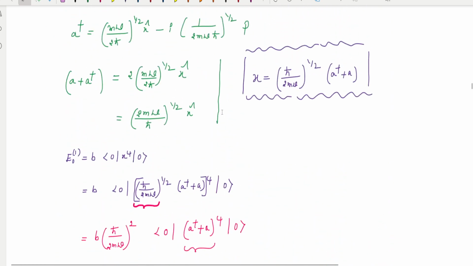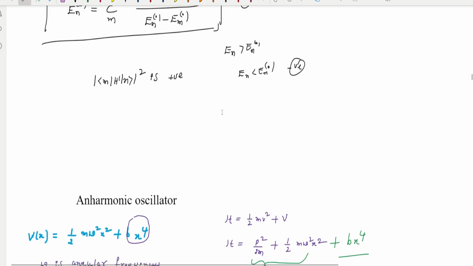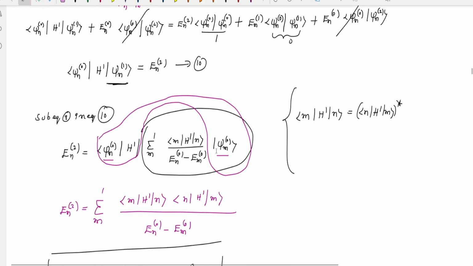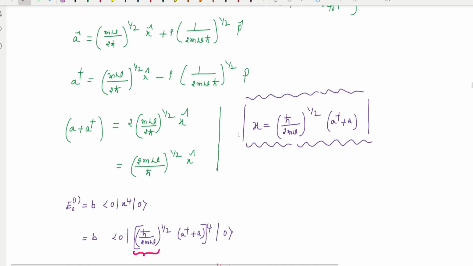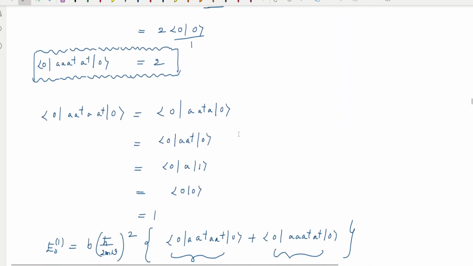Many things we discussed step by step for non-degeneracy cases. These are the energy corrections also. Now it's time to discuss degeneracy cases.